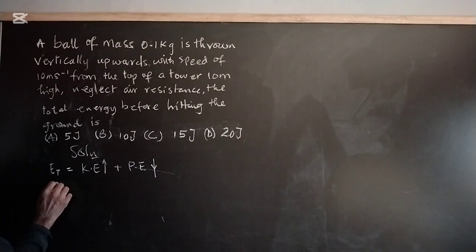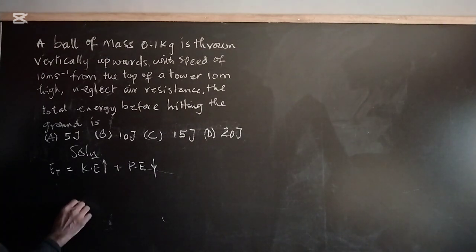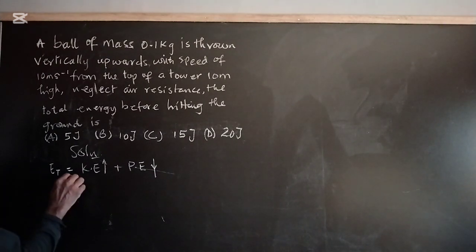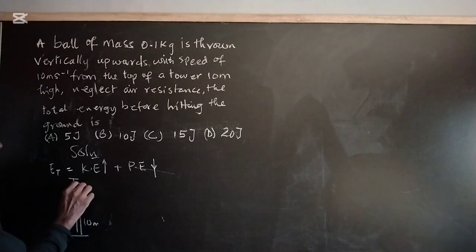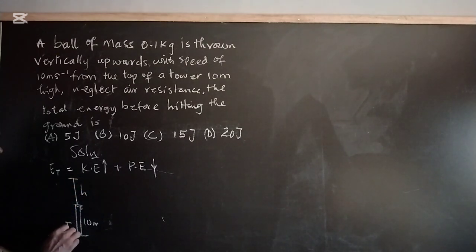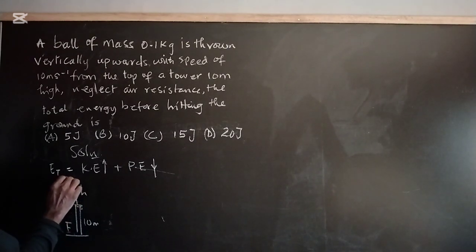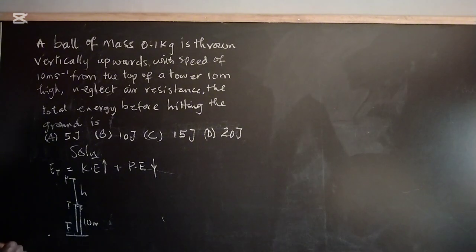From the question, just for the sake of illustration, let's say this is the tower, and they say that the height of this tower is 10 meters. This is the foot of the tower, this is the top of the tower, and a point somewhere here is the maximum height.